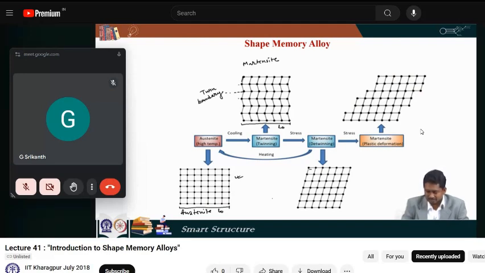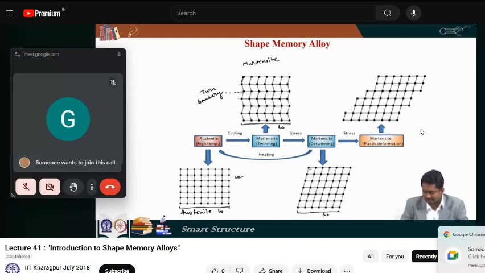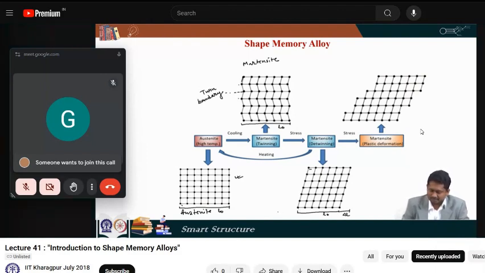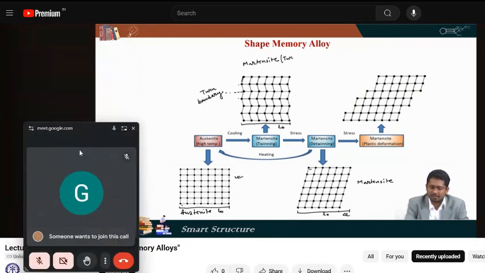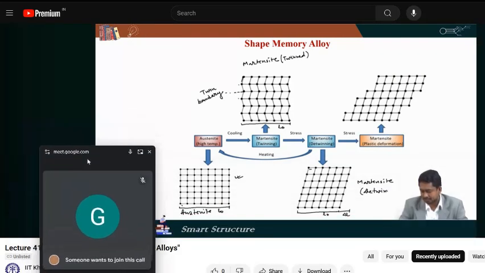Now if I compare this with this, they are not the same even macroscopically. If this dimension is L0, then from here to here the entire dimension is L0 plus delta L. This is also martensite. So martensite can be twinned, which is called twinned martensite, and this is called detwinned martensite.